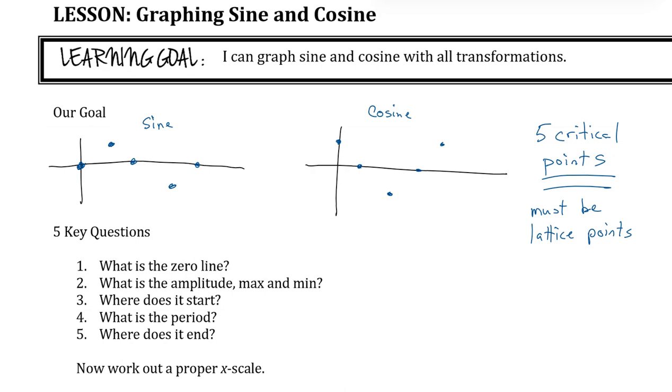Not in the middle. So, I mean, that's the fancy way of saying if I go down to the grid, where the grid lines meet. So I can't be here or here or here or anywhere like that. It's got to be where the grid lines meet. That is what we call a lattice point.